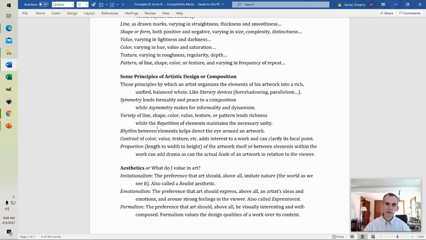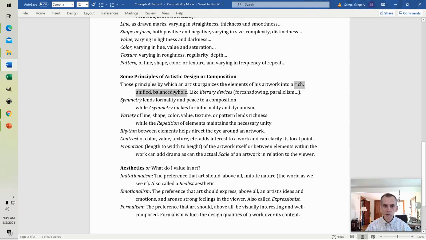So you sort of have to believe artists do this, whether they're aware of it or not. Principles, the principles by which an artist organizes the elements of his artwork into, and this is my definition of a good artwork, a rich, unified, balanced whole, or a good composition.